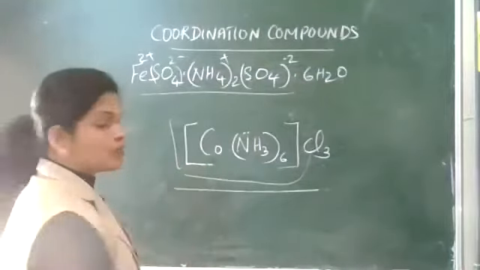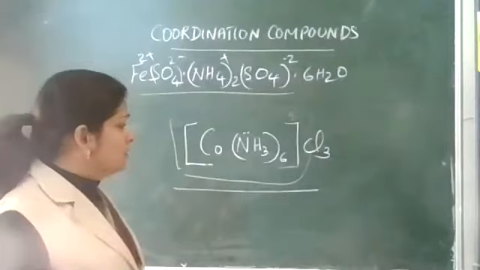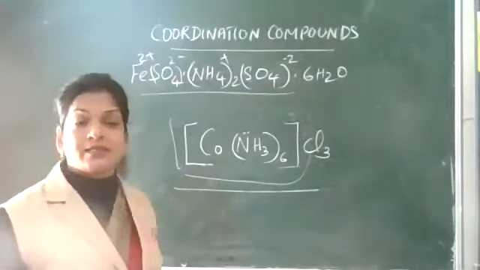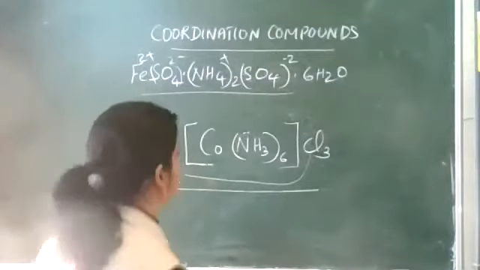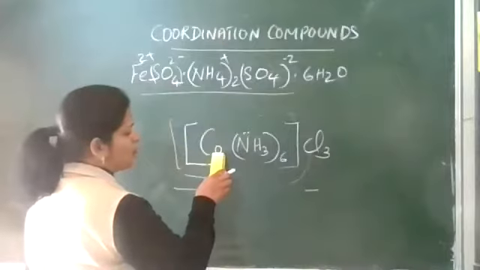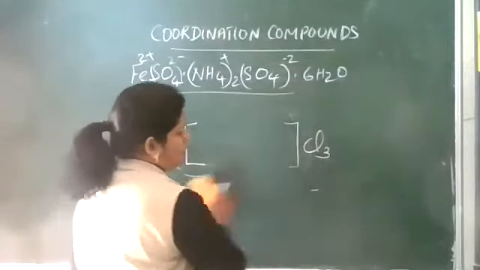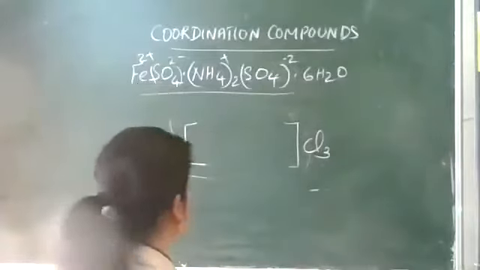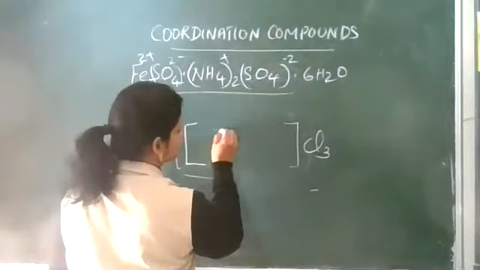But when a coordination complex is put in water, only primary valencies are ionizable. This box format will remain like this. So that means around the cobalt there are six ammonia molecules.